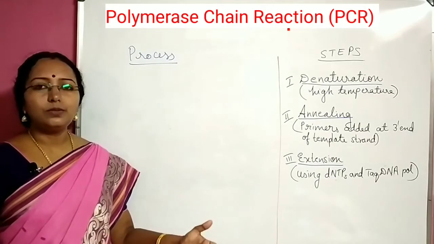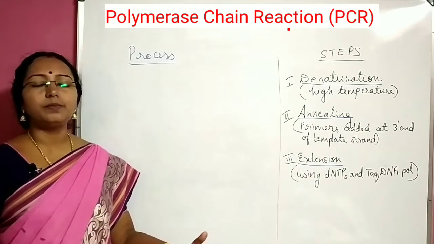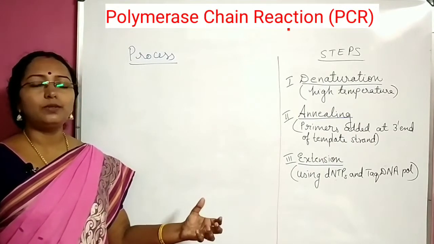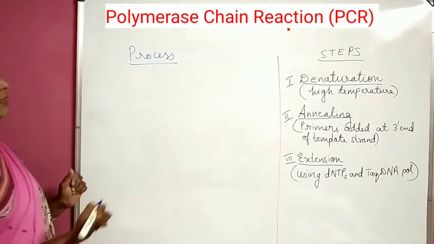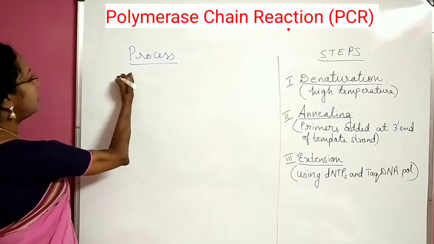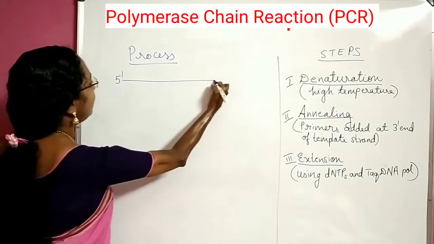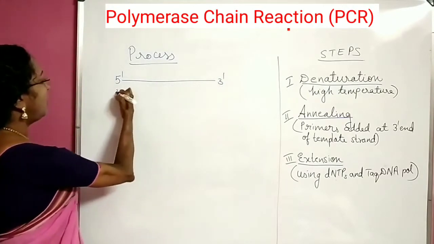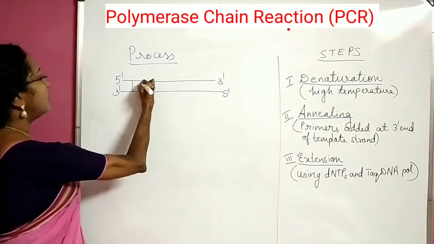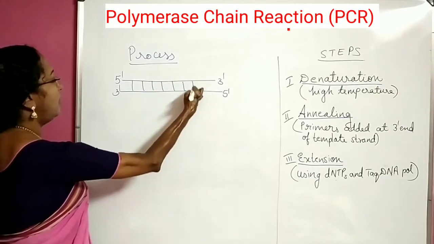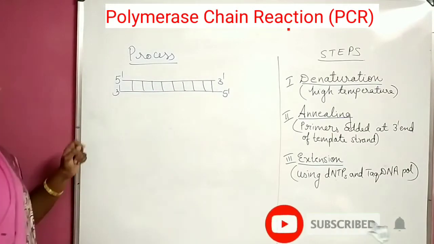You can go through that, understand the concept, and then watch this video if you don't get clarity. Our DNA has 2 strands, one running from 5' to 3', another running from 3' to 5'. I have just represented the double helical structure of DNA here.